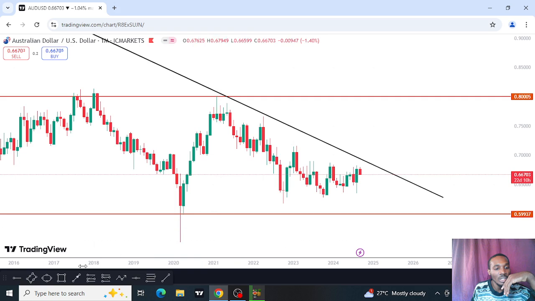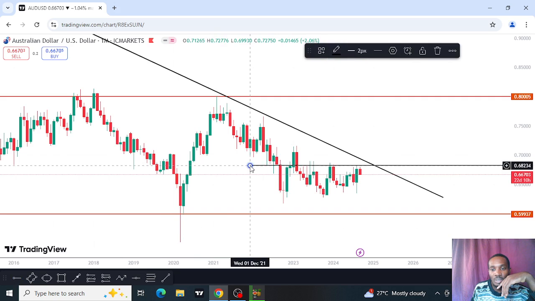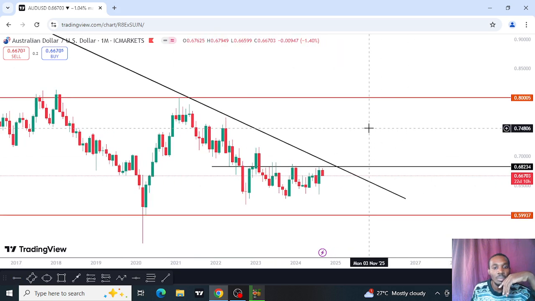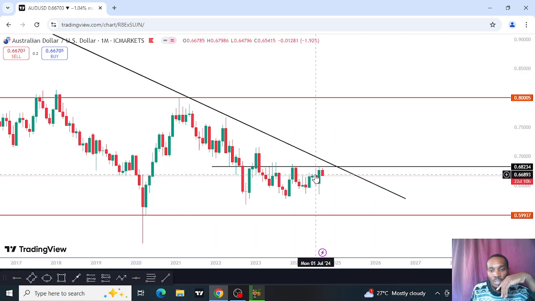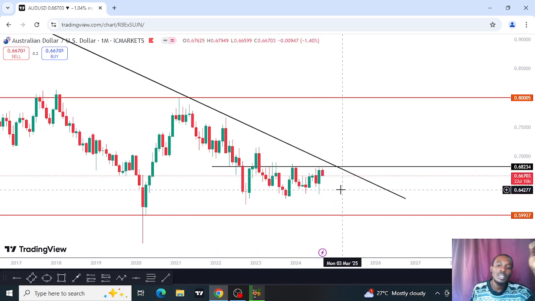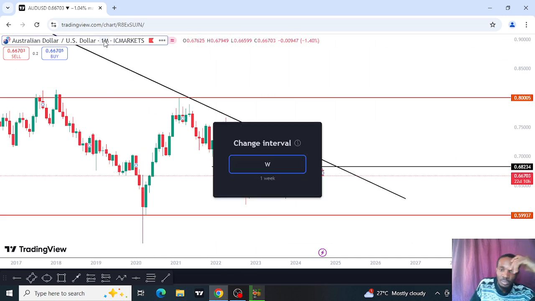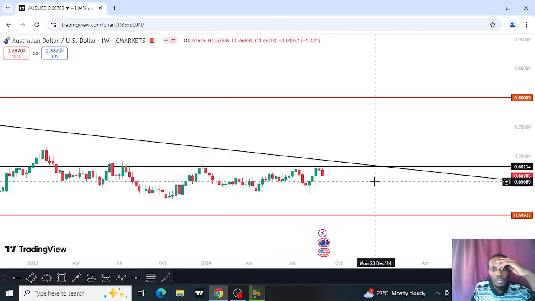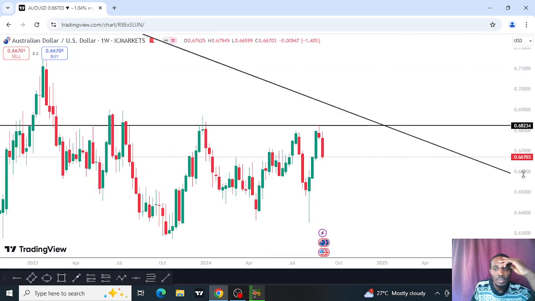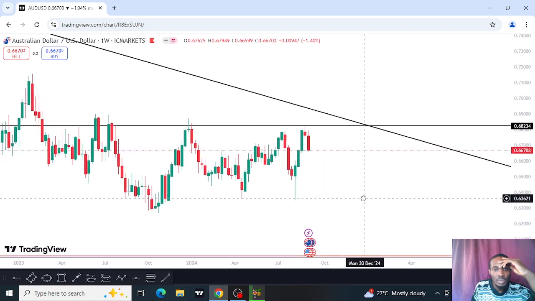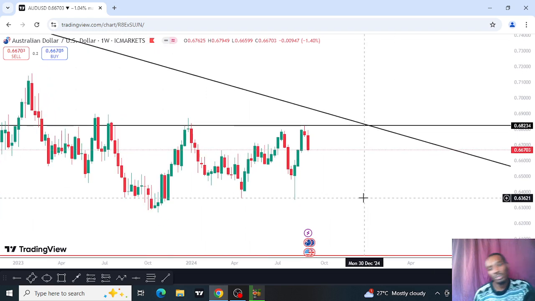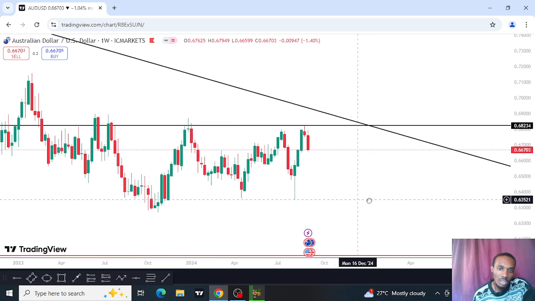Because if you check here, it tends to be a kind of ceiling here. Let me just put it here. So the monthly is showing me a red candle, telling me that for now it is bearish. Until then, it is also pointing down, so automatically we are bearish.